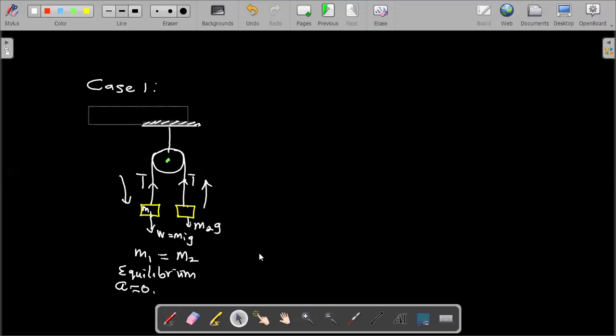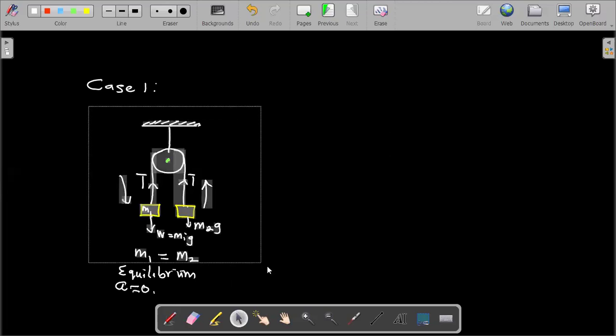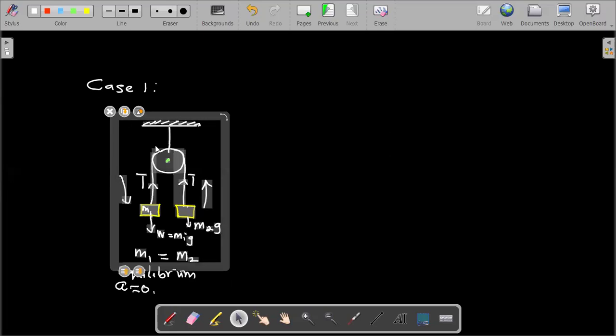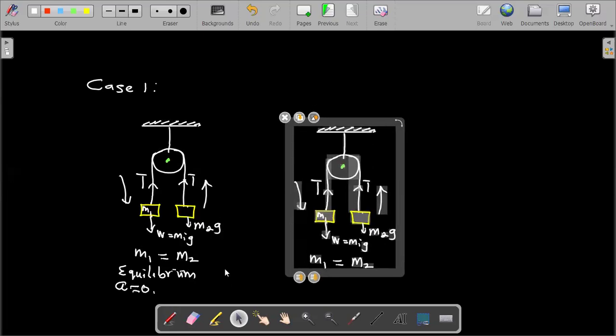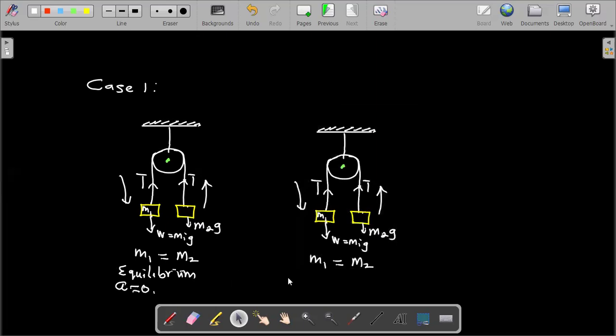Now, let's look at another case, where M1 is not the same as M2. Let's assume in this case M1 is less than M2. Let's call this our case 2.